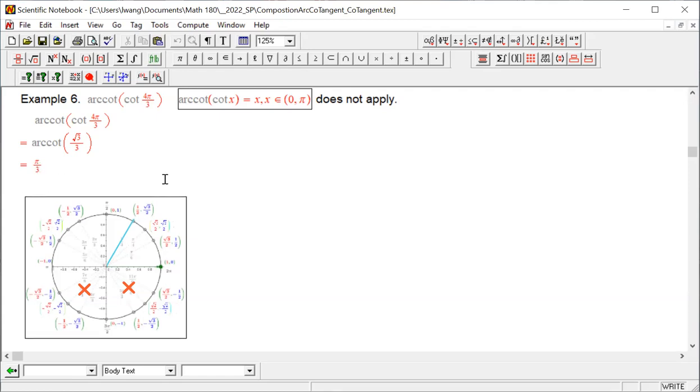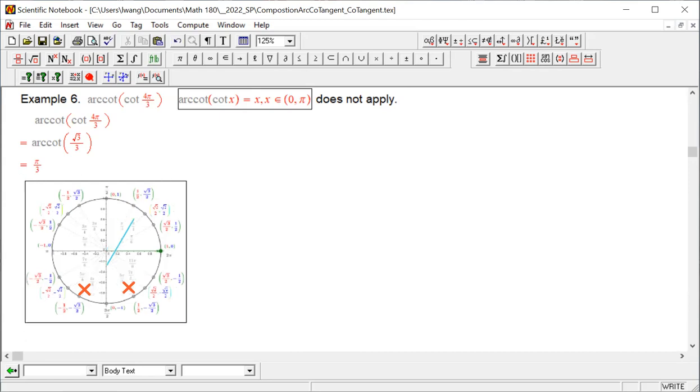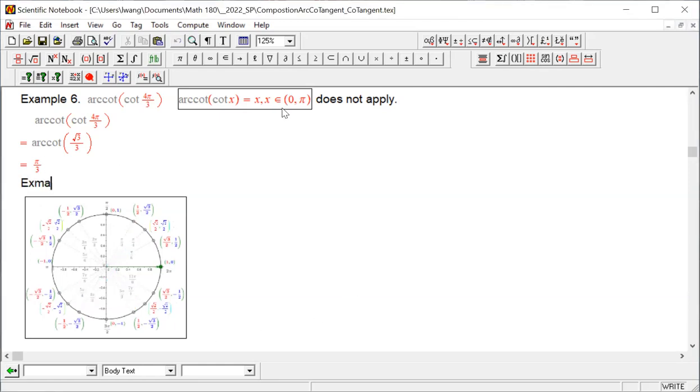That's it. You see, right? All the information we talked about is useful right here. Okay, example number 7. Let's look at another one. Arc cotangent of cotangent, in this case, it's a negative.